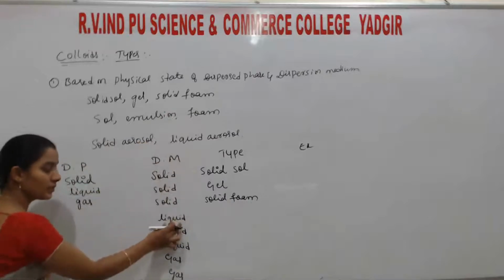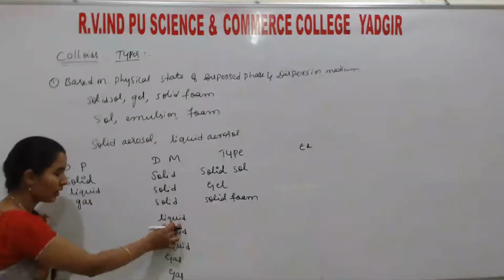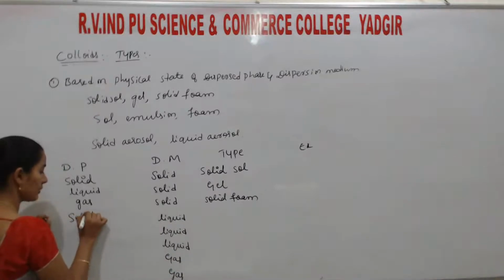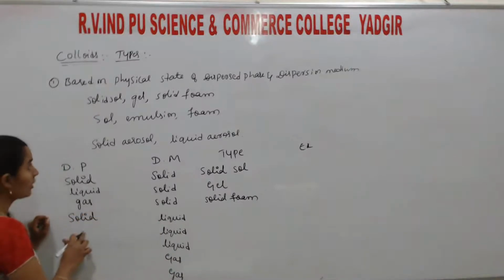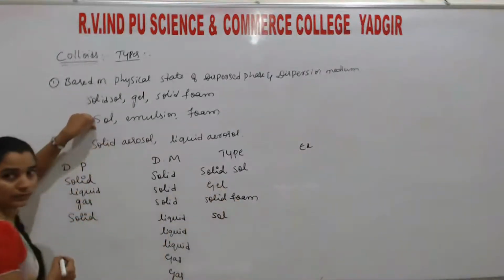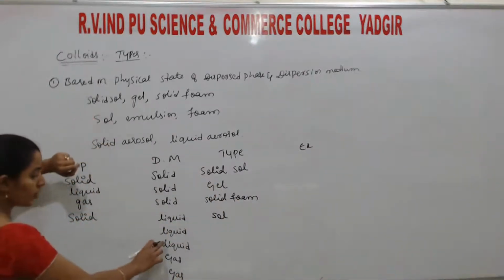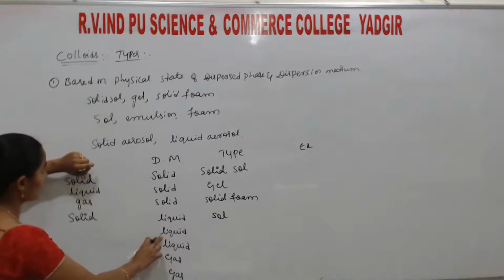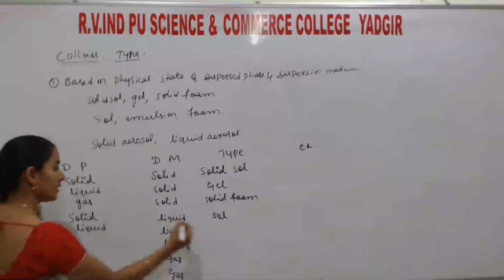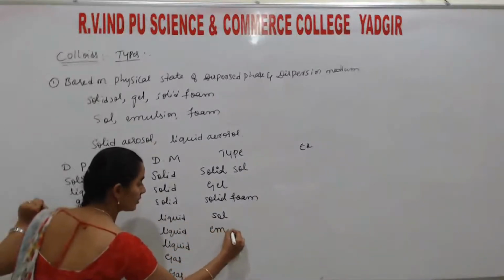If the dispersion medium, nothing but the solvent, is liquid and the solute is solid, that is simply called sol. If the solvent is liquid and the solute is also liquid, that is emulsion.